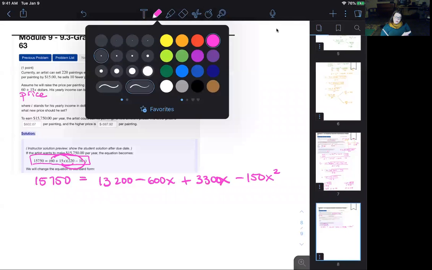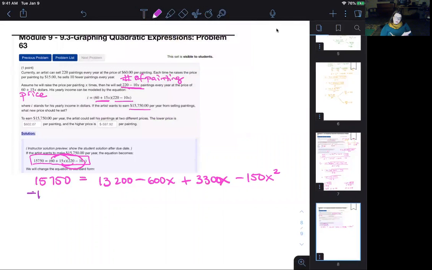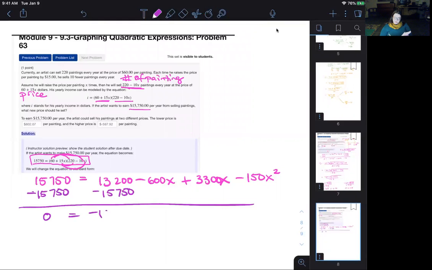Now to solve a quadratic, we always want to set it equal to 0. So I'm going to subtract the 15,750 from both sides and put it in descending order. So I have 0 equals negative 150x squared. Combine the like terms in the middle.